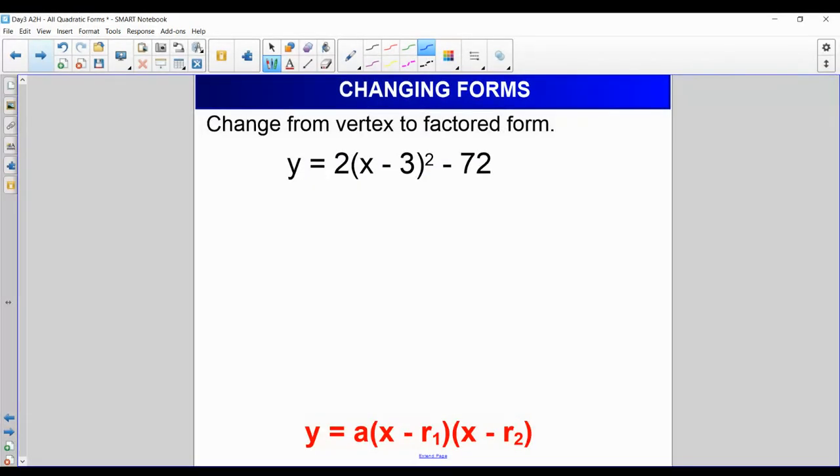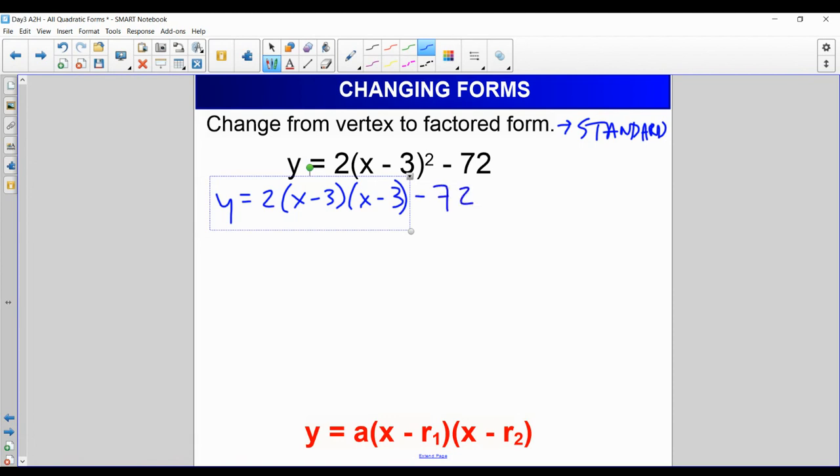If I want to go from vertex to factored form, well, I'm going to have to go through standard. I can't go straight there. So I'm going to say x minus 3, x minus 3, so I don't forget and distribute that incorrectly, and get 2 times x squared, again combining these as I go to get minus 6x plus 9, minus 72.